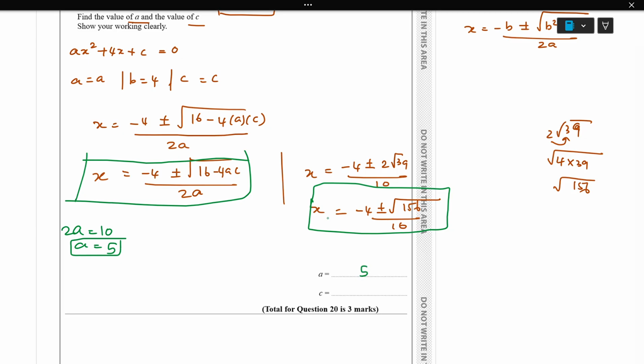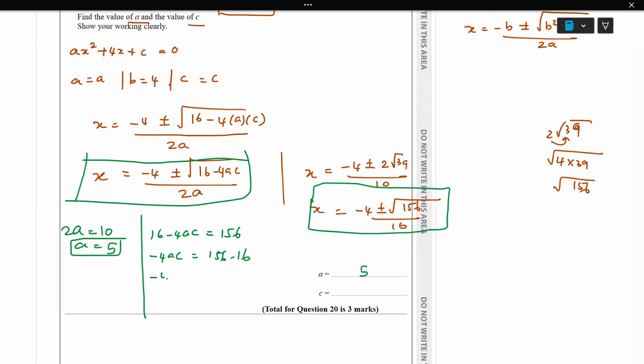Next, the square root part: inside we have 16 minus 4ac, and in the given solution we have 156, so comparing both, minus 4ac equals 156 minus 16.